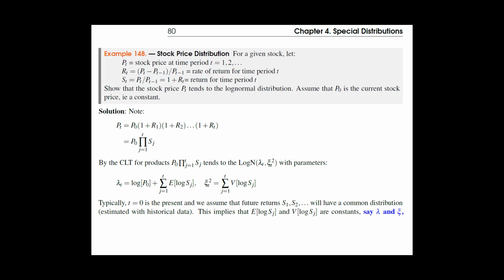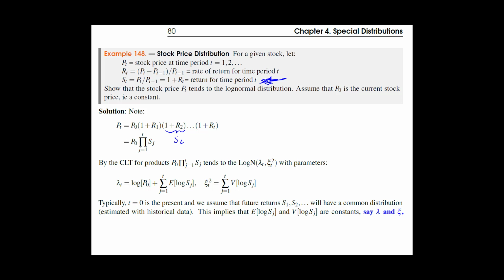Right, so it's the product of random variables. It's the initial price, P naught, times the product of all these SJs. And the SJs, we call it the return of period, for time period T, which is just 1 plus R. So this would be S2, for example.